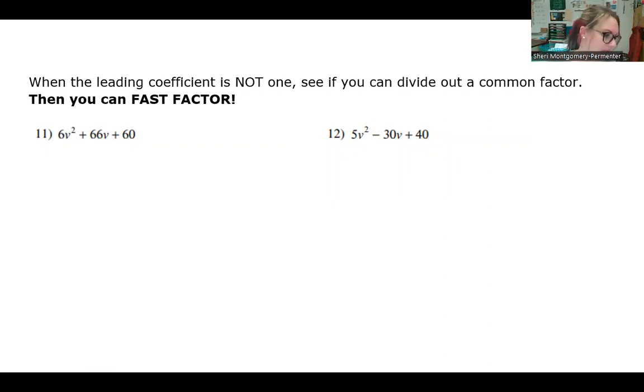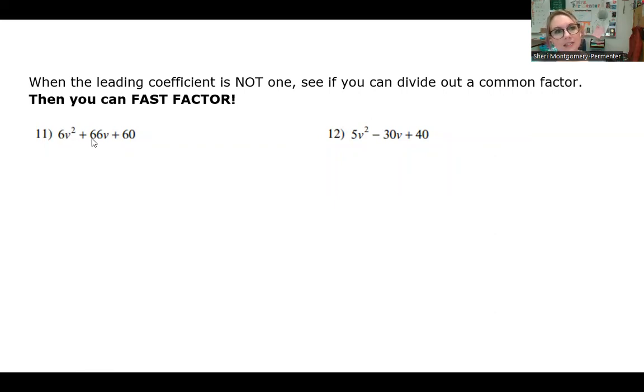This is almost like fast factoring. You've just got one step first. So first step is that you've got to divide out the greatest common factor. When you look at these, and we talked about greatest common factors last time, usually it's the number that's in the front.